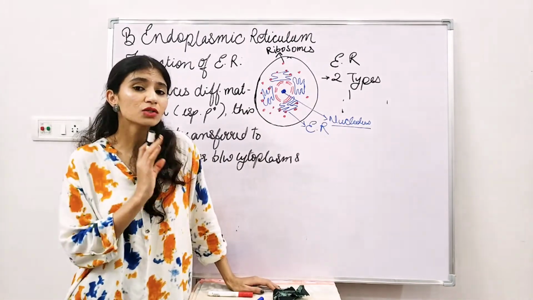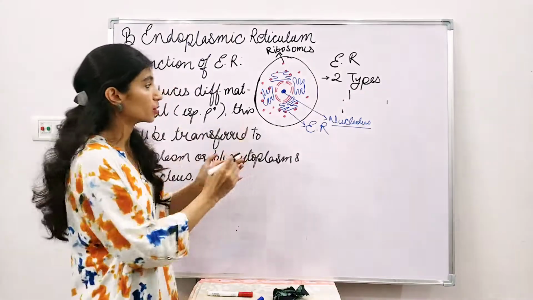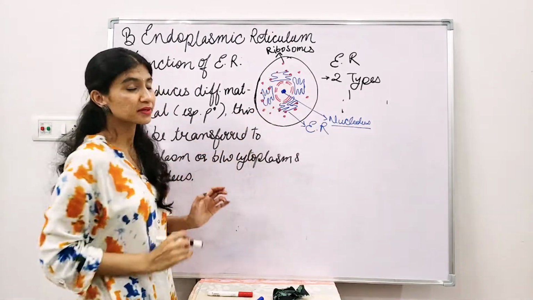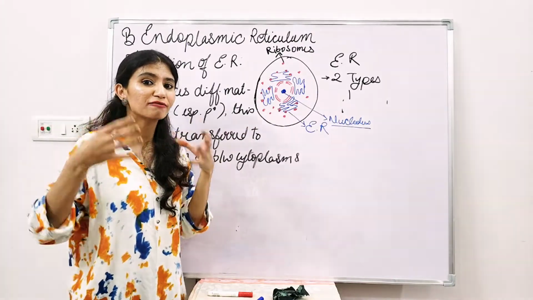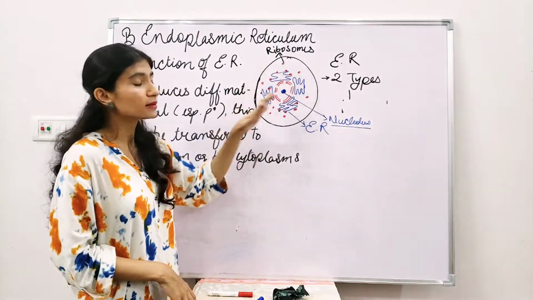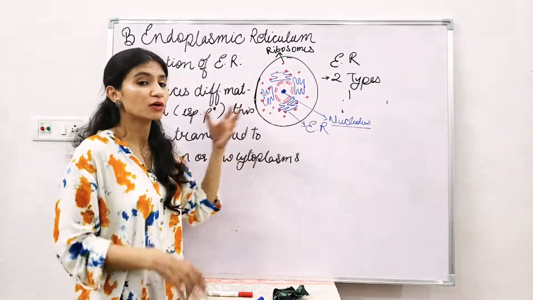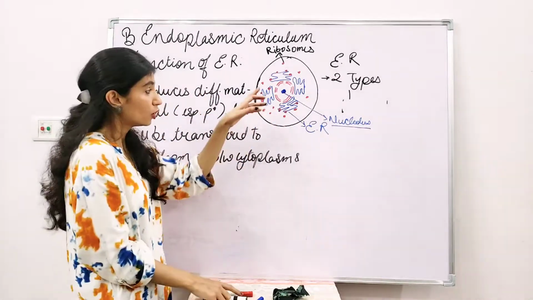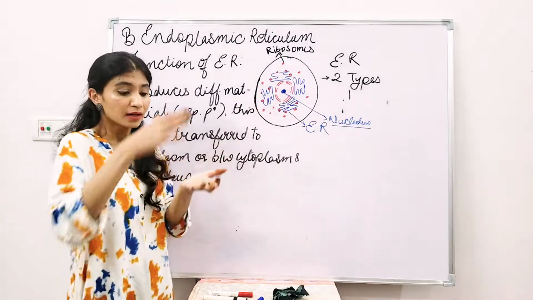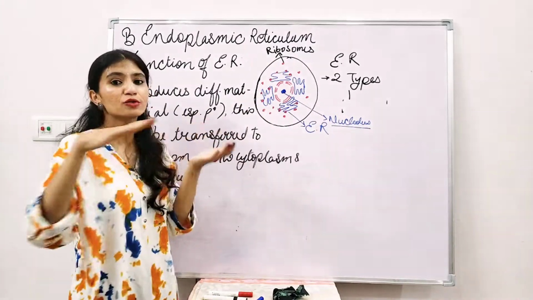See, it is also providing a kind of framework. This endoplasmic reticulum gives a complete cytoplasmic framework for different materials to be formed or different biochemical activities to take place. Like it is giving its whole space to the ribosome so that it can attach on it and produce proteins.